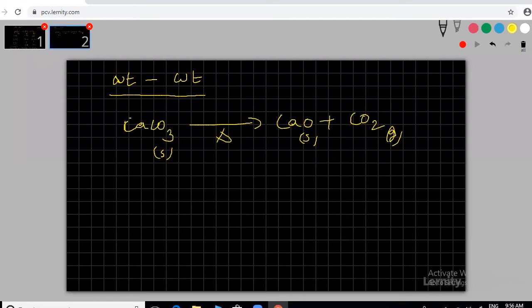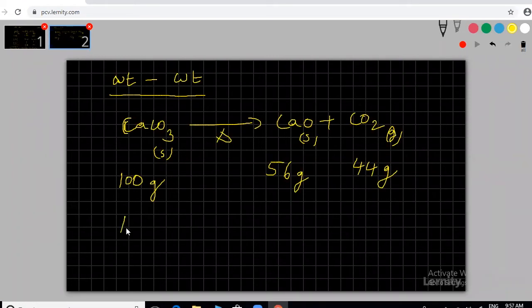What is the weight of CaCO3? 100 grams. Here CaO is 56 grams, CO2 is 44 grams. You can write left side mass equal to right side mass also. Now we can see weight relation.